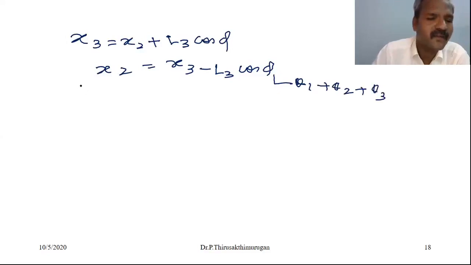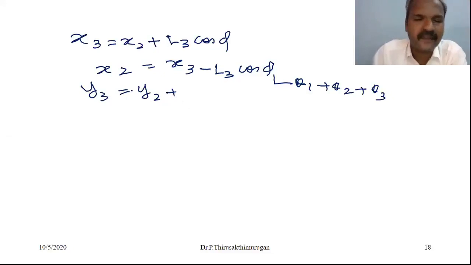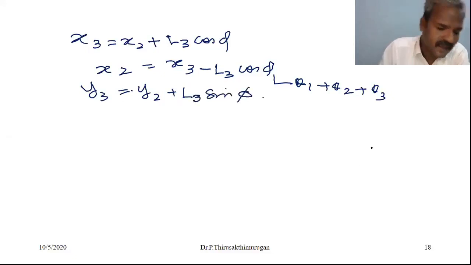So similarly, what is y3? y3 is y2 plus L3 sin phi. y2 is the position up to the third joint. The distance to the fourth joint is L3 sin phi. Clear?